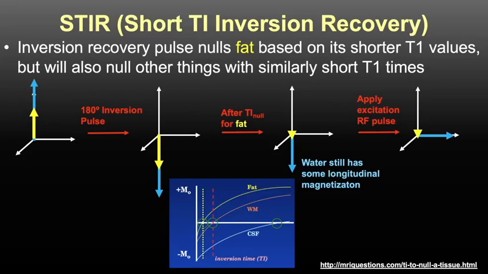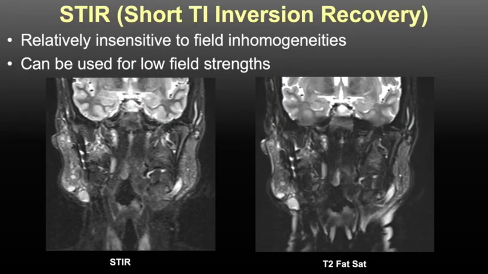Anything that has the same T1 relaxation as fat will also be nulled by STIR. What is the benefit of STIR? Well, it is fairly insensitive to field inhomogeneities. So you can see on this left-hand coronal STIR image, you have very uniform fat suppression where you have completely lost that fat suppression on a chest T2 weighted fat sat image.